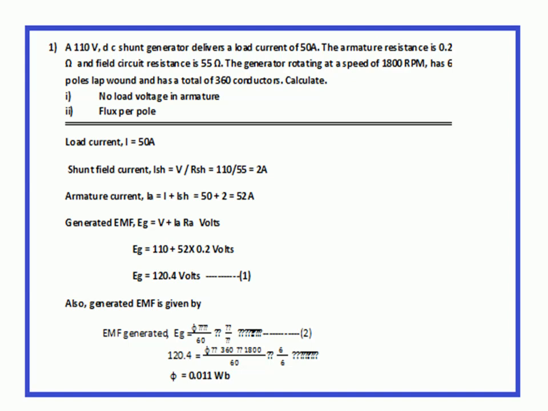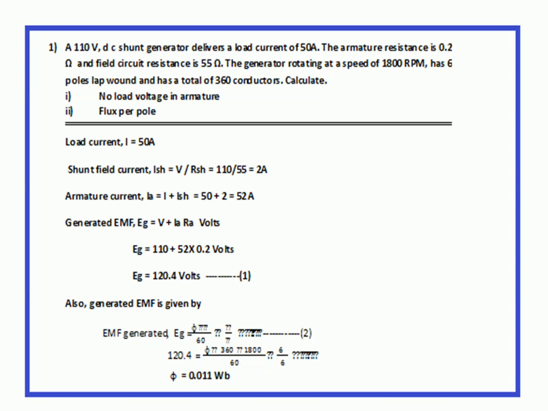The EMF induced in the armature is known as generated EMF. The voltage across the terminal is known as terminal voltage. V is always smaller, and generated EMF is always greater. Eg equal to V plus IaRa. Then you can calculate the generated EMF, Eg.